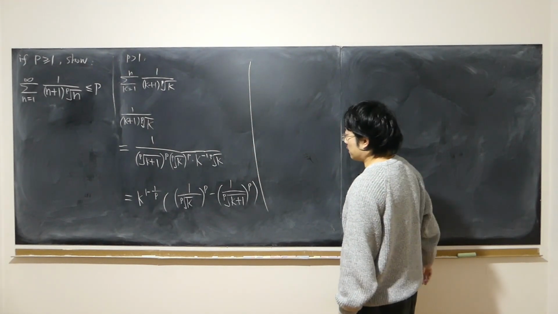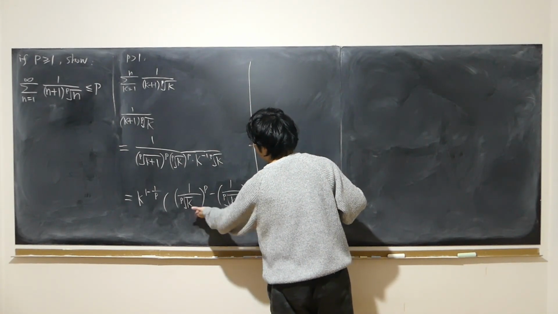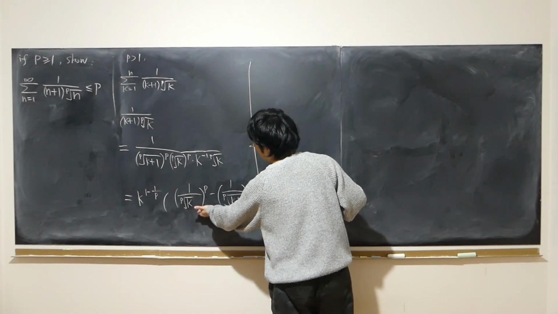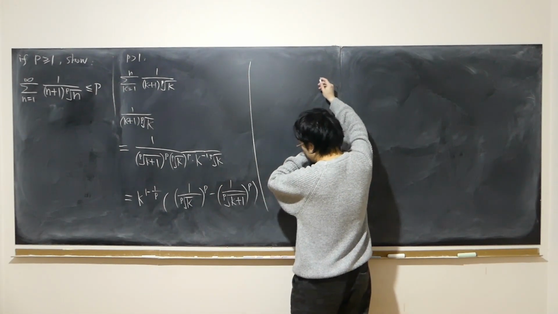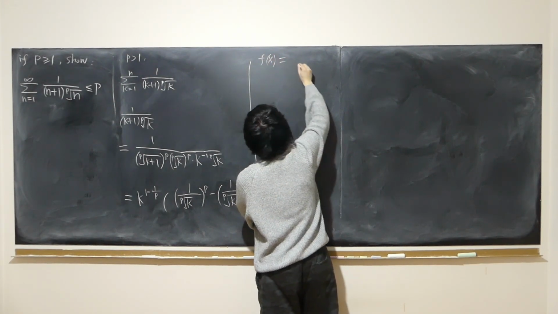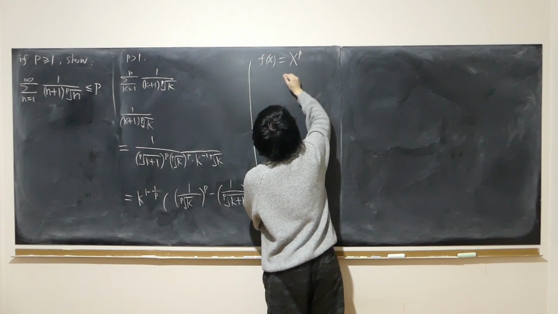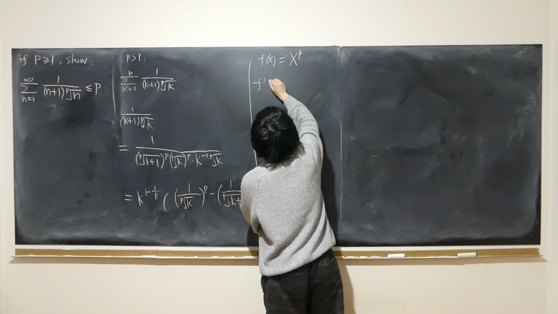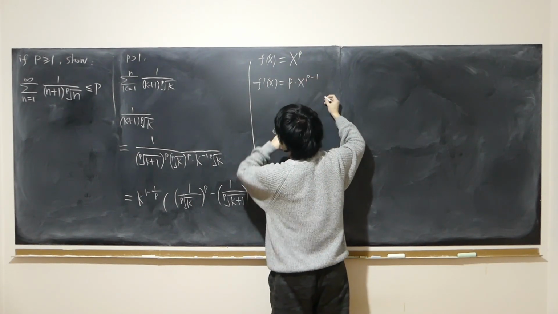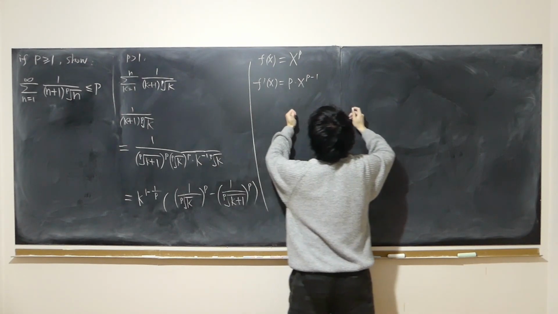Right? Now it seems to be getting more and more complex, but it's okay, because in the end we can make it simpler. So here I'm going to construct a function called f of x. f of x is equal to x to the power of p. Therefore f prime of x is equal to p times x to the power of p minus 1. Here I just assume that p is strictly larger than 1.